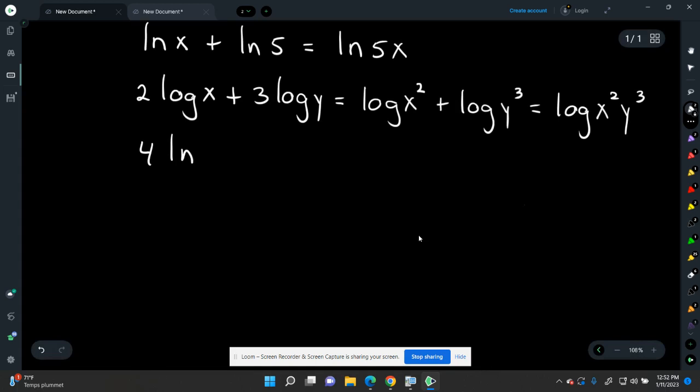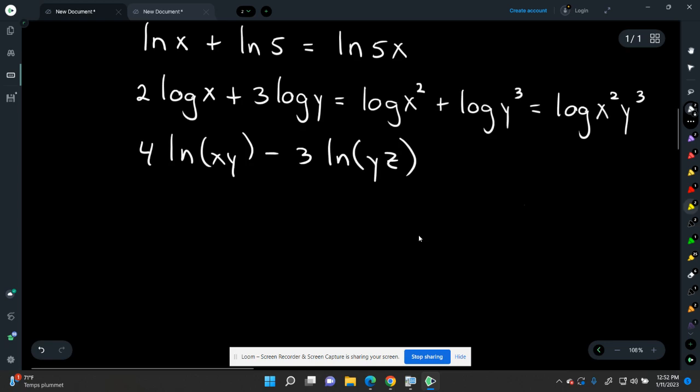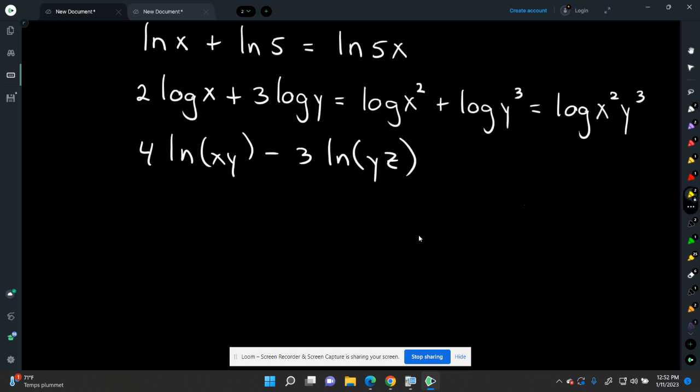Next, 4 natural log of x y minus 3 natural log of y z. Okay, what can we do with that one? Mika? Okay, so I have to do, okay, we'll do the division first. That's fine. So how would I write that?